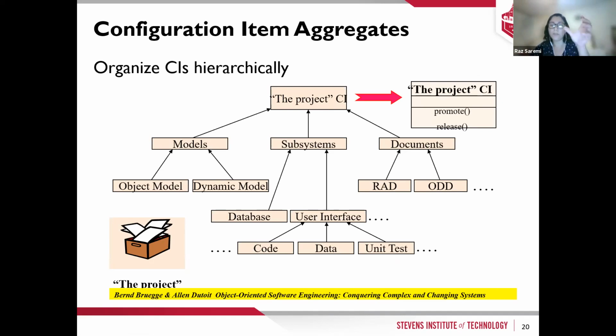Therefore, when I'm going for user interface configuration item, it already can be decomposed to different, smaller size configuration items of subsystems that I have. So in a project, I have different subsystems, for example, user interface as one subsystem, I have another subsystem that works with the code, another one for my database, another one my unit test, right? Each of these subsystems has a configuration item, then they combine and create another configuration item for user interface.